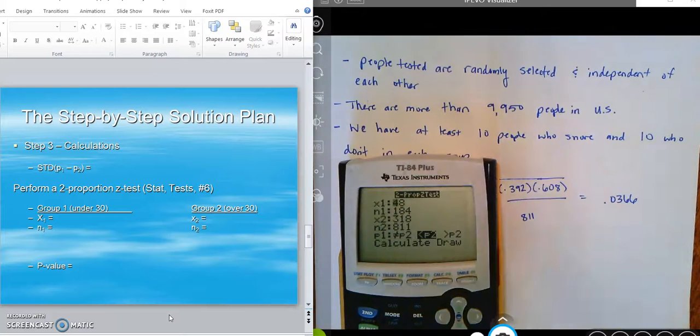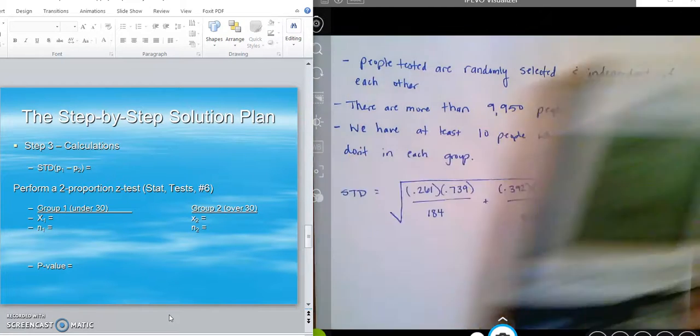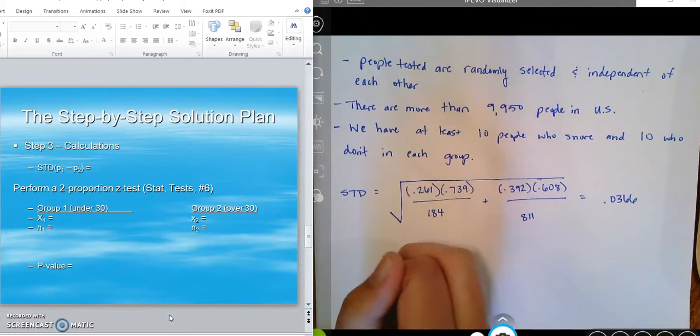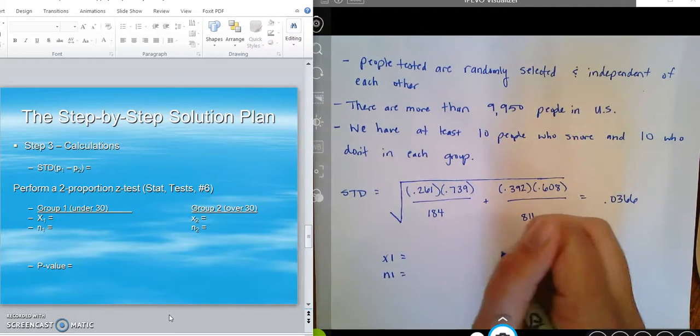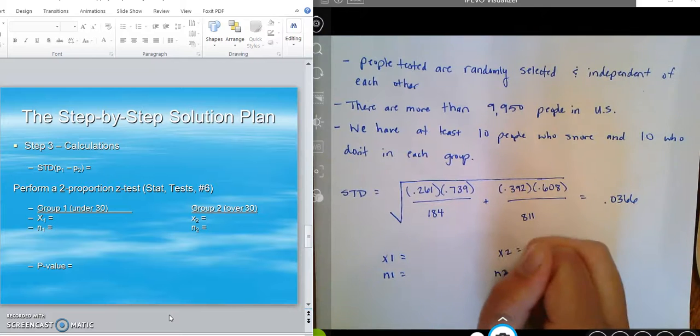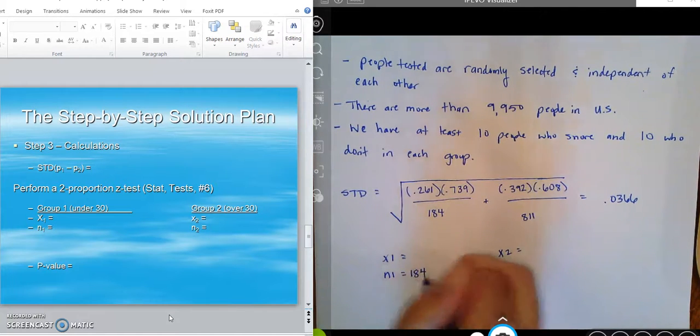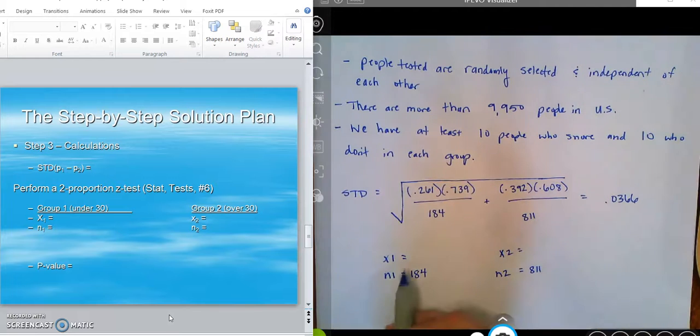Now, in this problem, it gave me percentages. It did not give me the actual number of people. So you want to make sure you calculate this. So I got x1 and n1, x2 and n2. Now, I know the n's, they gave us that, 184 young people and 811 older people. Now, x1 is the number of them.